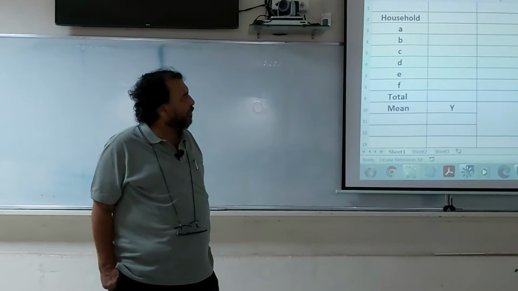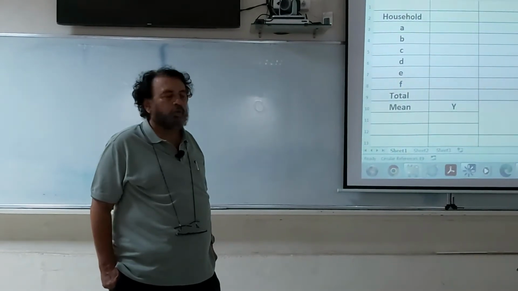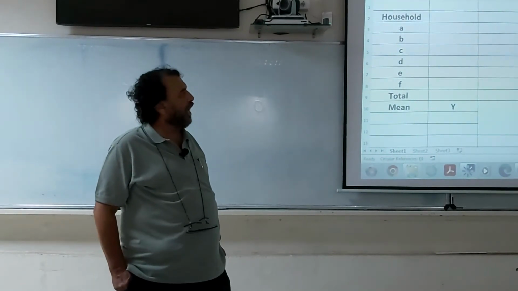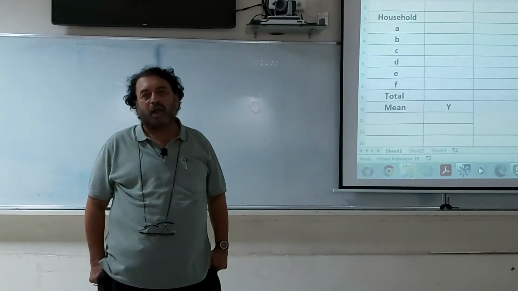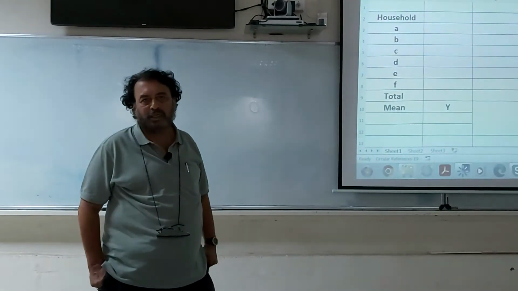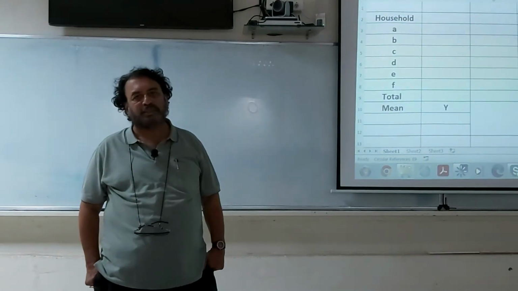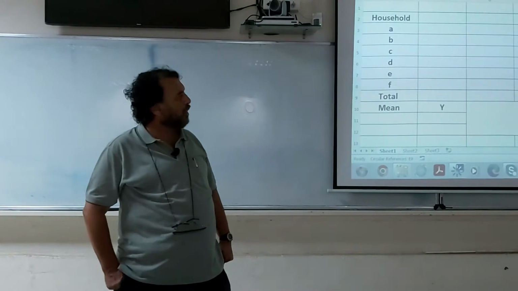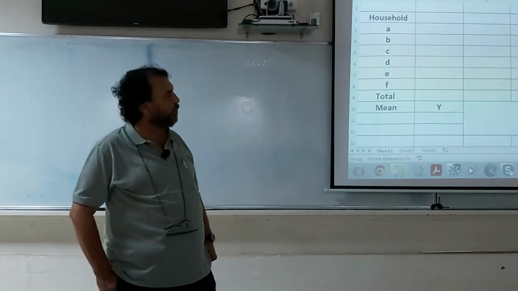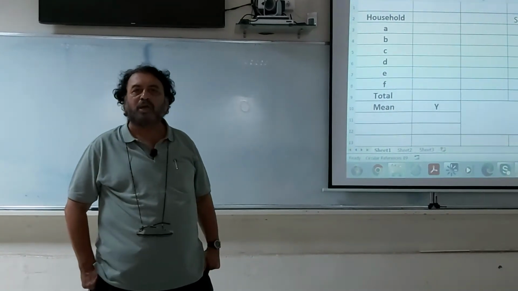So if we have the data on the population as a whole, what data do we have? We have the number of persons in each household, and what can we do with this data? One simplest estimator, that means one simplest formula that we can use to process this data pertaining to a population, is to find out the arithmetic mean.